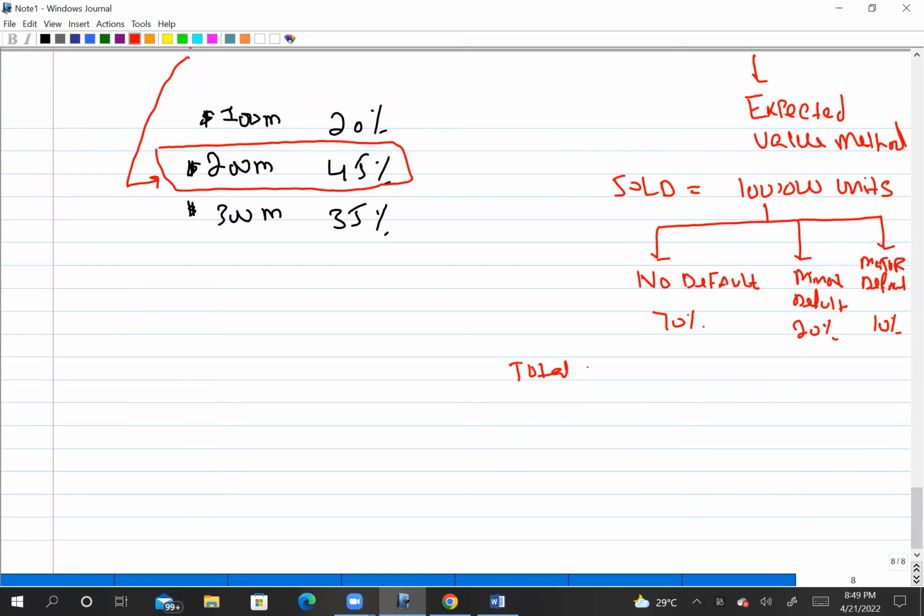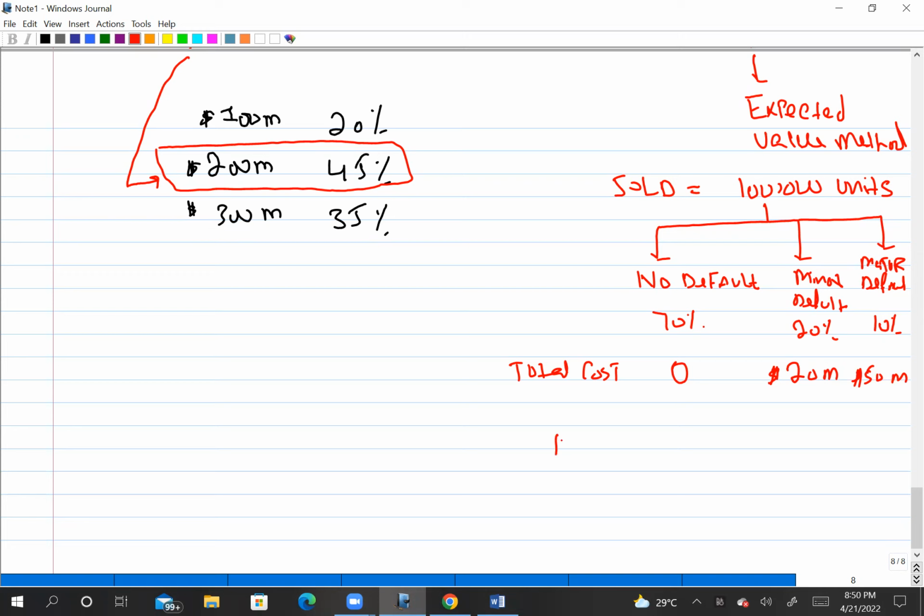In no default, the total cost of repair will be 0. But if all the goods have minor defects, let's assume the total cost will be $20 million. And if all the goods have a major defect, the total cost will be $50 million.